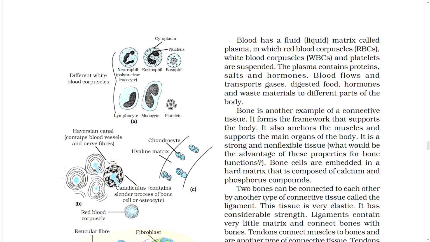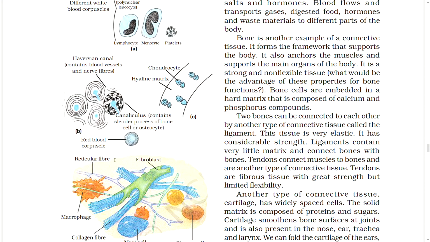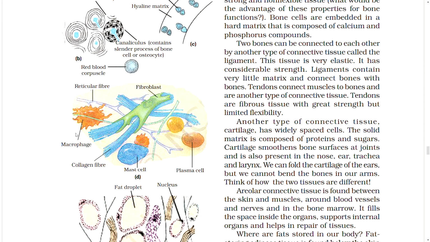Haversian canal contains blood vessels and nerve fibers. Canaliculus contains slender processes of bone cell or osteocyte. Red blood corpuscles. Chondrocyte, hyaline matrix. Reticular fiber, fibroblast.